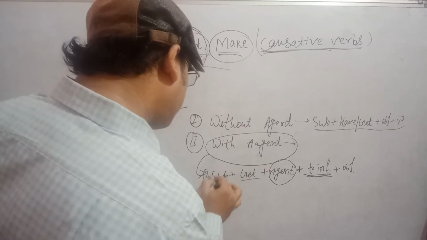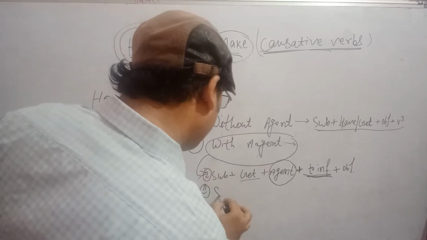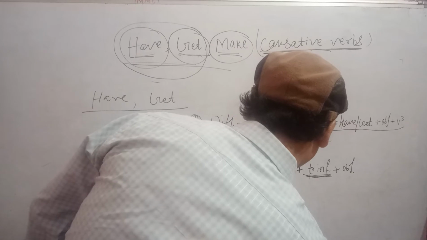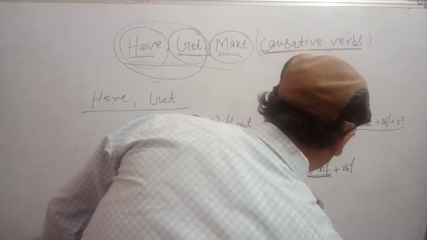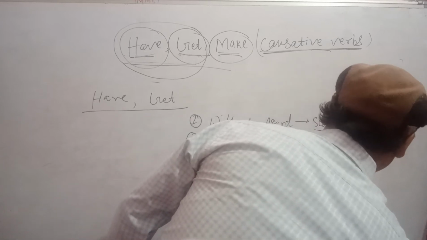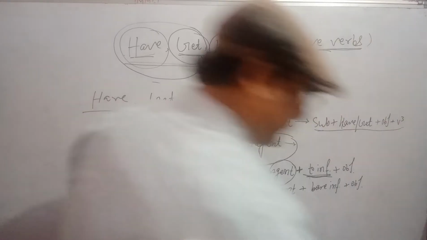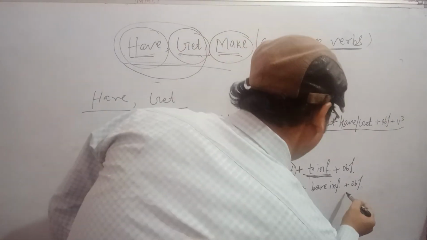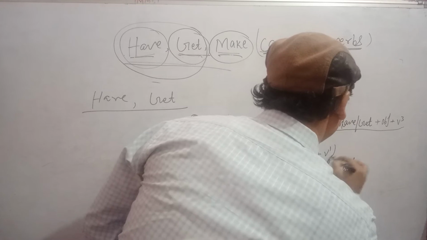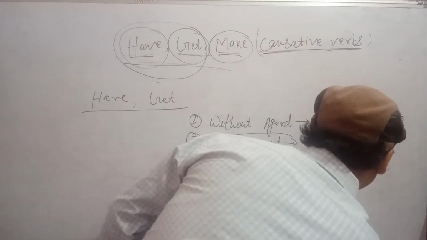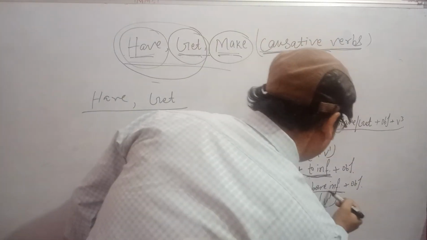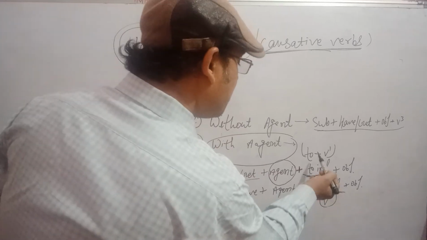Another, if you use have: subject plus have plus agent plus bare infinitive plus object. Yes, friends, what do you mean by bare infinitive? We know that bare infinitive is V1 without to, the base form of the verb. To infinitive is to plus V1.